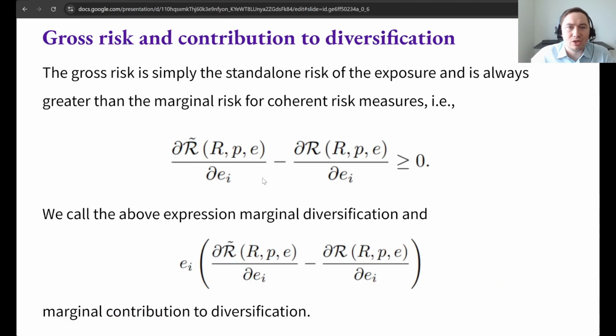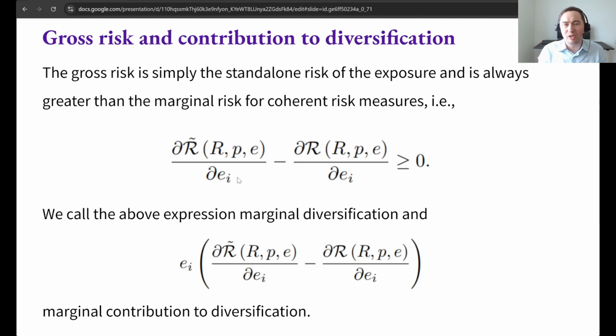All right. So when we analyze these marginal contributions to risk, we can also define something that we call the gross risk. So basically, the gross risk is just when we have the individual standalone risks of the different instruments that we are investing in, and then we subtract their marginal contribution to risk.